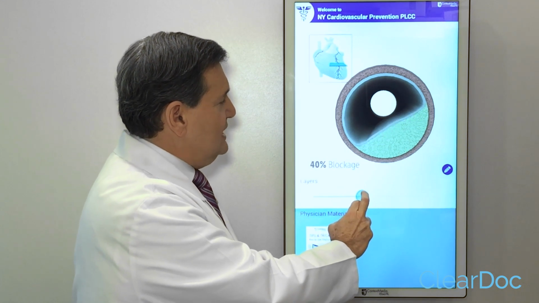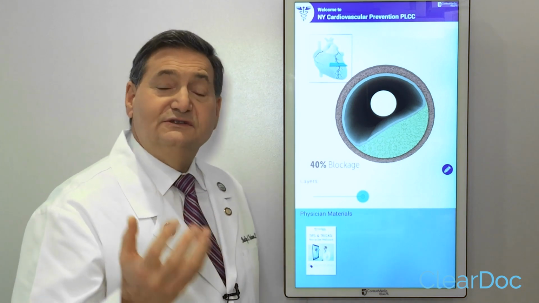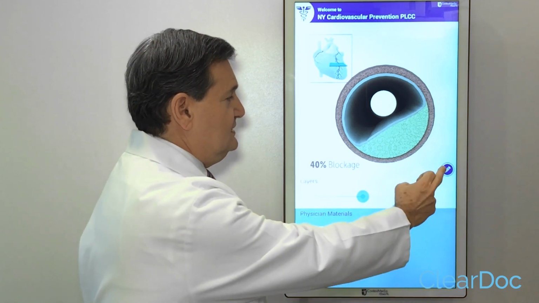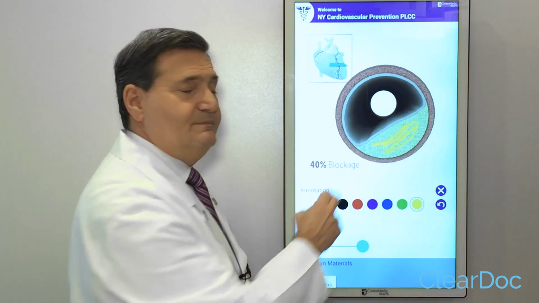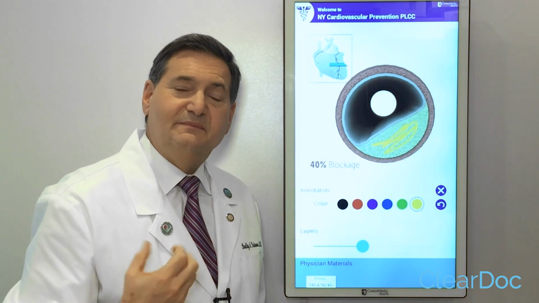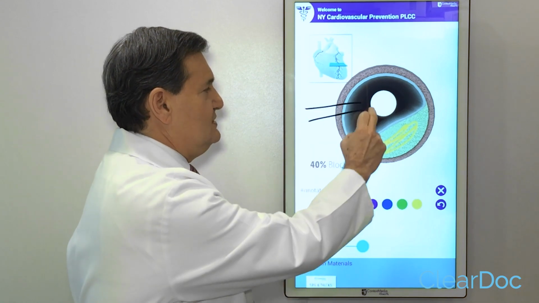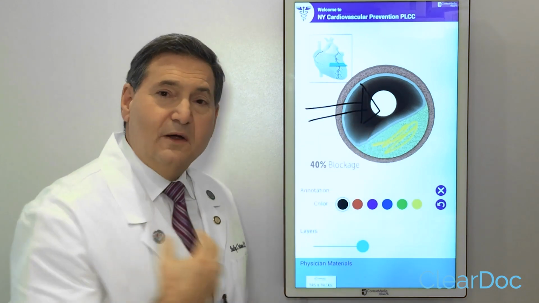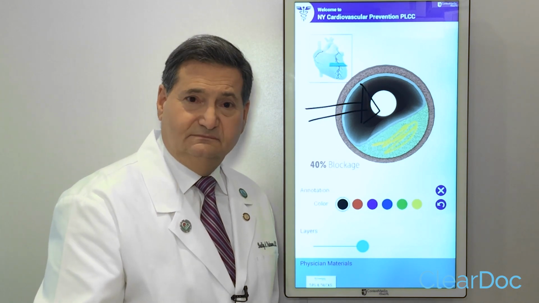This shows a 40% blockage. If there's a 40% blockage with the cholesterol partially filling up the inside of the artery, there's still enough space here for blood to flow through into the heart muscle.